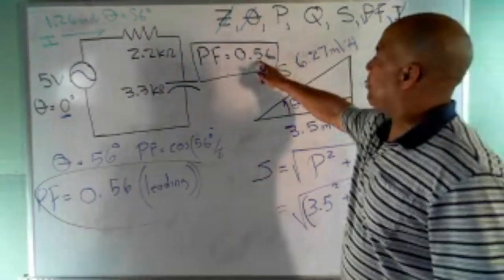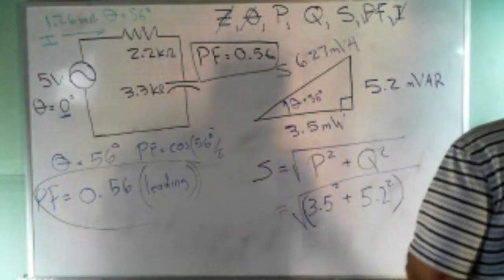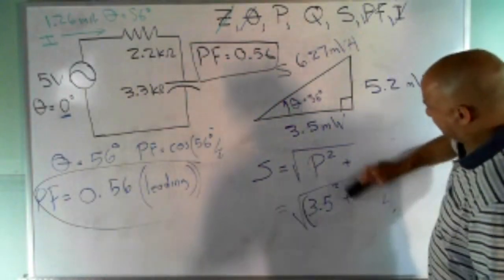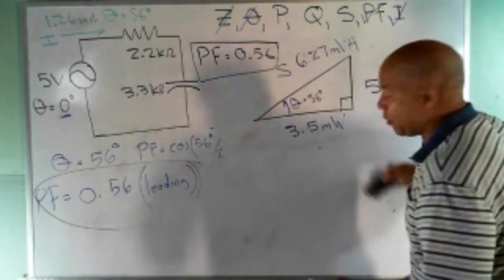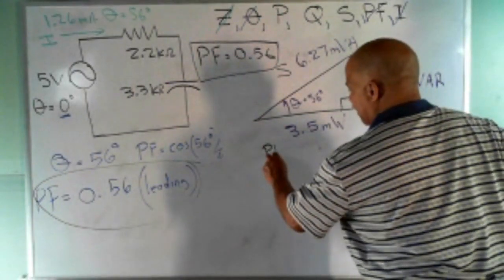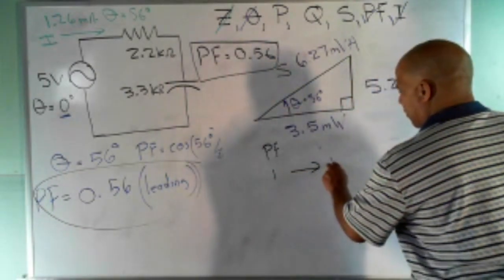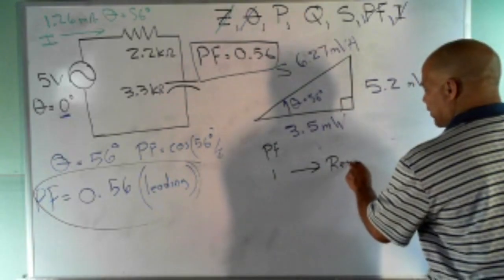Now notice 0.56. Look at that. Let me just point something out to you real quick. Remember what we said about power factor? If I have a power factor of 1, then my circuit is 100% resistive.